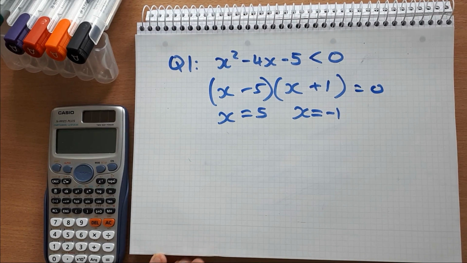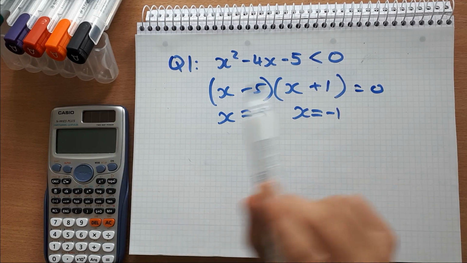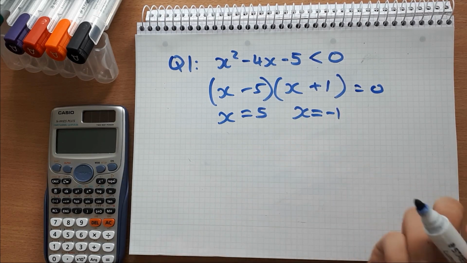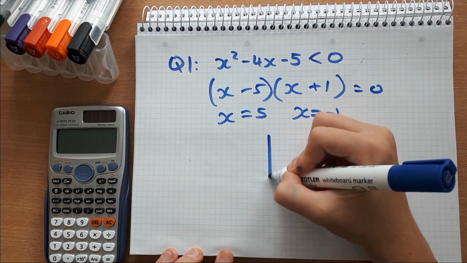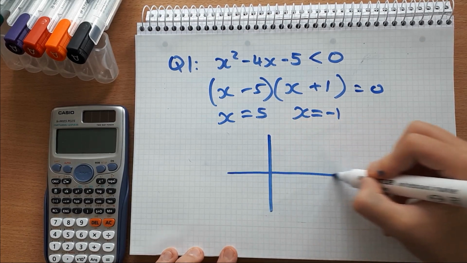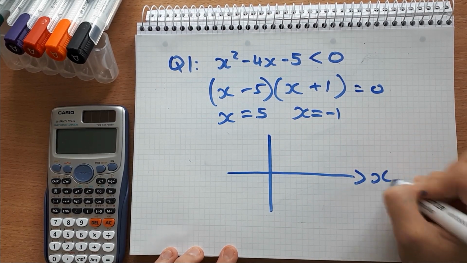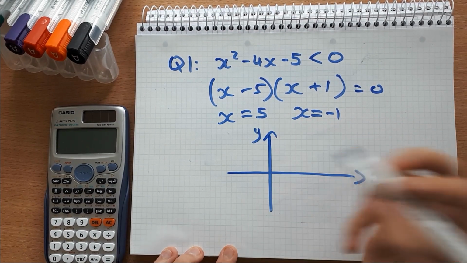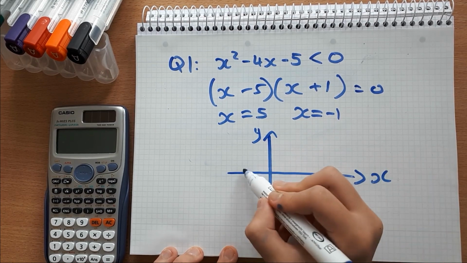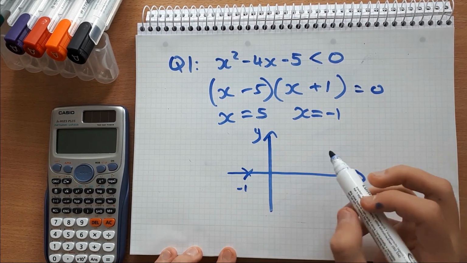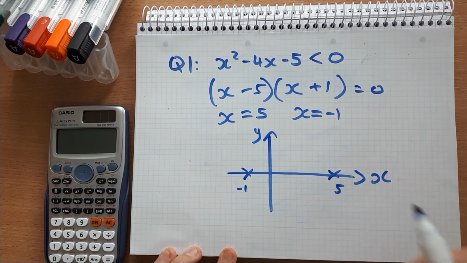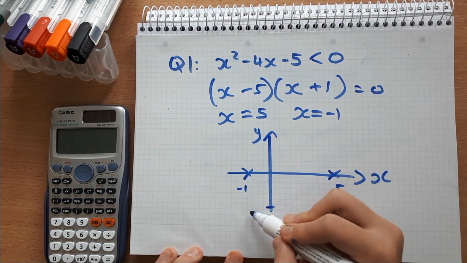Anyway, then we sketch. Now, your sketch does not need to be perfect. I could obviously spend lots of time drawing out my graph. Here's my x and here's my y. And then minus 1 is here, here's 5, and minus 5 here.